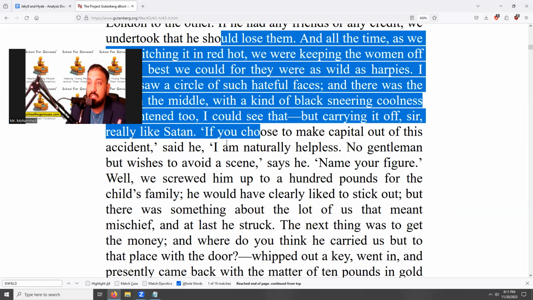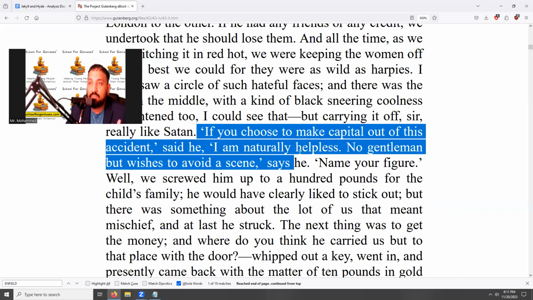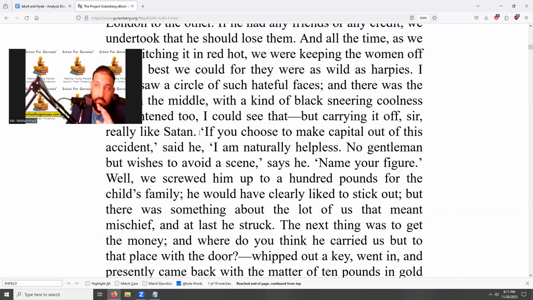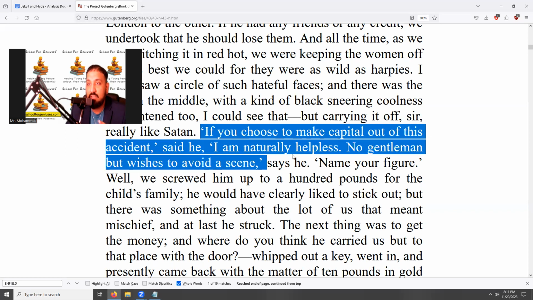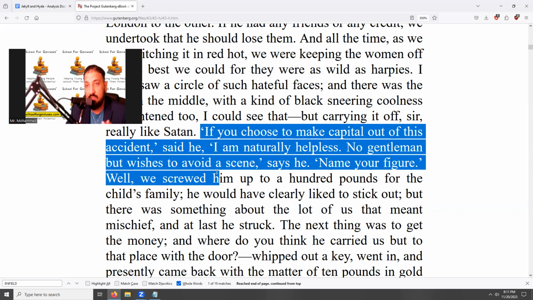Anyway, look at how he talks. This is him talking: "If you choose to make capital of this accident, I am naturally helpless, no gentleman wishes to avoid a scene. Name your figure." So you can see that he's not purely an animal, not 100% savage, but he can talk like a gentleman when he wants to.